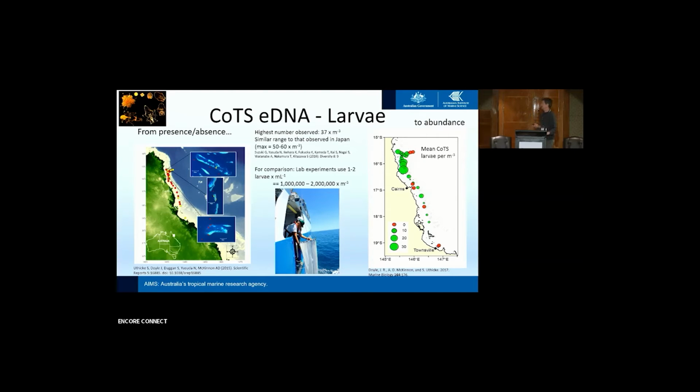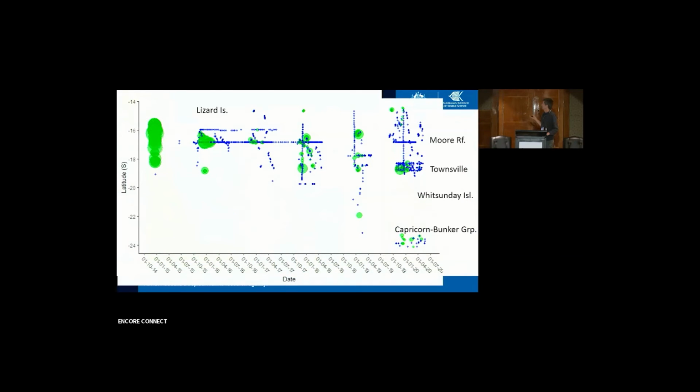What's important about that to me is that if we're running experiments on larvae ecology, we're using much, much higher densities. We're using 1 to 2 per milliliter. So that has an implication for the interpretation of data we produce in the lab, but just only a sideline here.